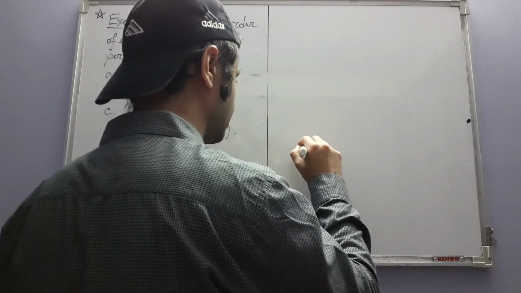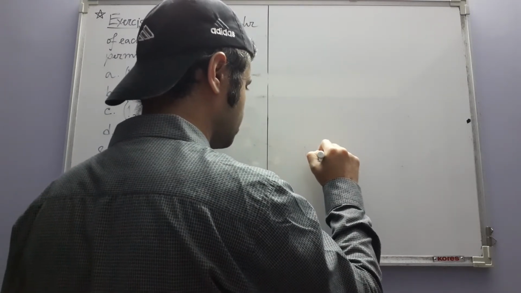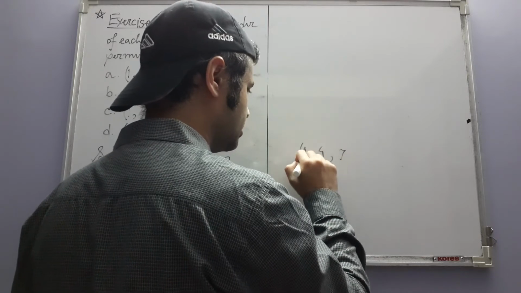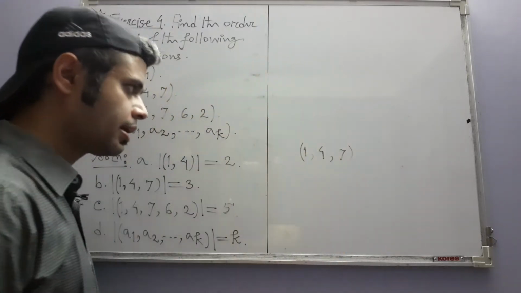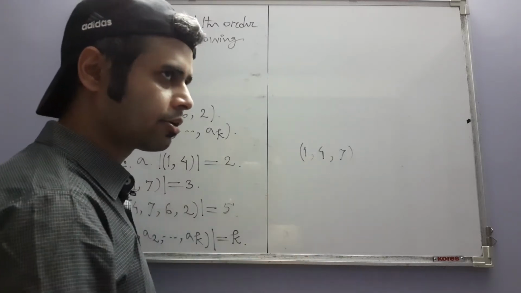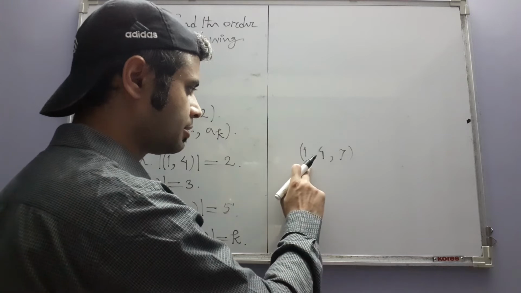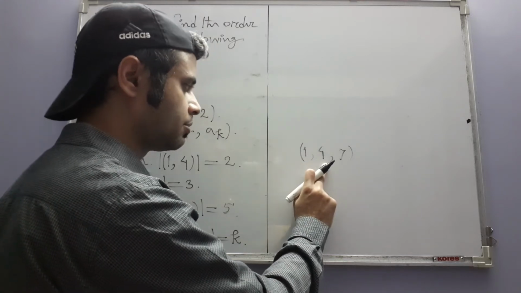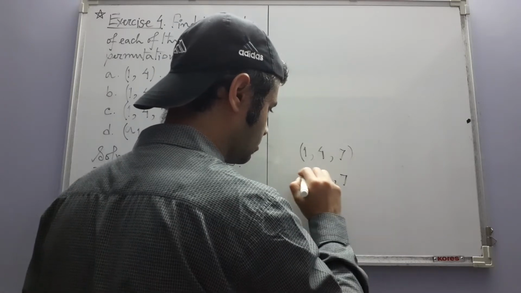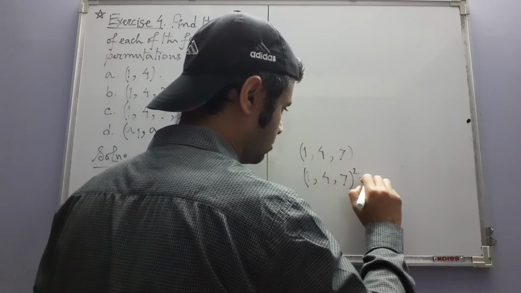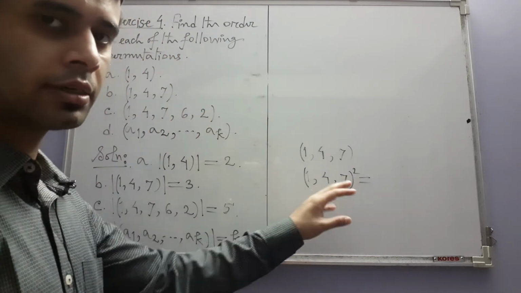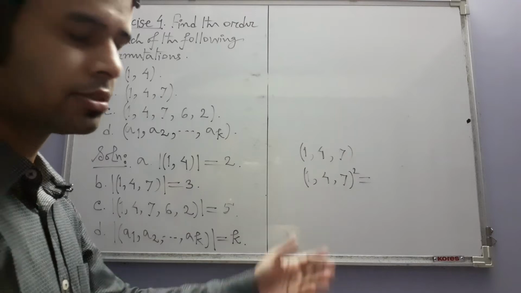If one calculates the positive integral powers of this 3 cycle, the 3 cycle itself is its first power, which is clearly not equal to the identity permutation because it changes things. It takes 1 to 4. What is this? So this will be a product of 2 copies of it.